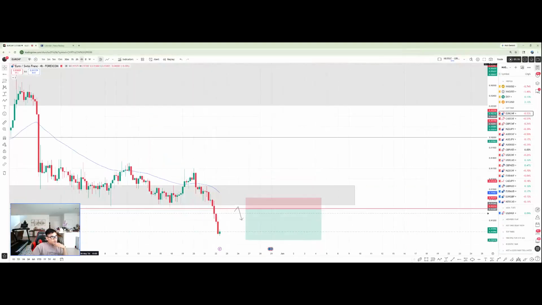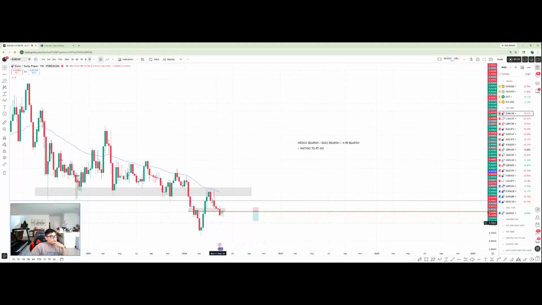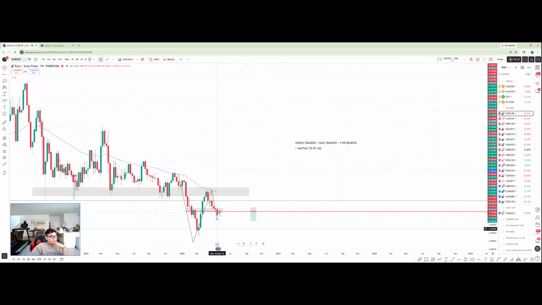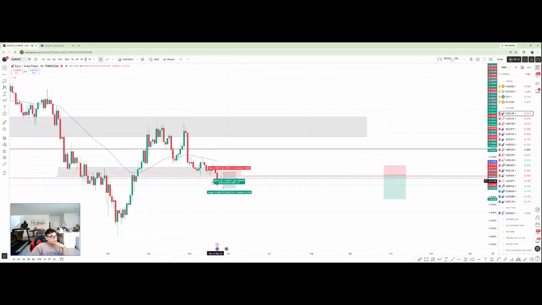Euro CHF. I like this trade. You have the big push, lower high. We're in the middle move of the weekly time frame. All we need to do is catch that little move, probably here. Daily is bearish right now. I like this lower high, lower low.